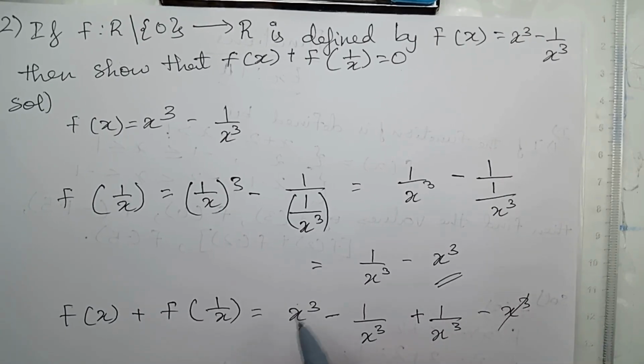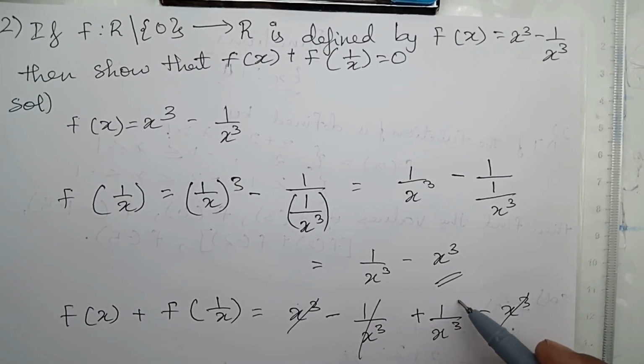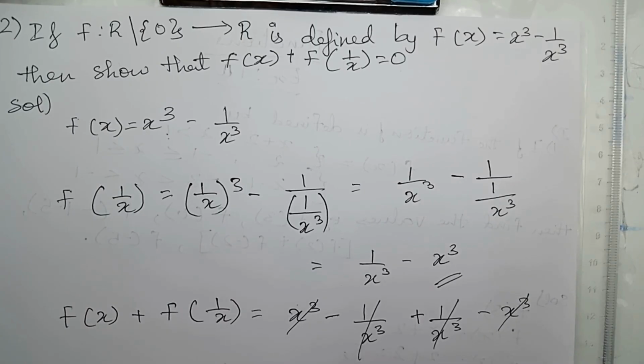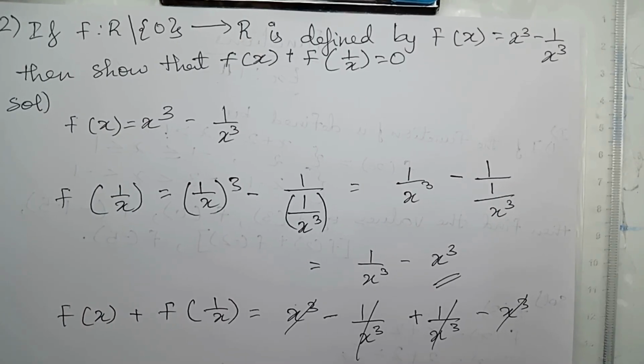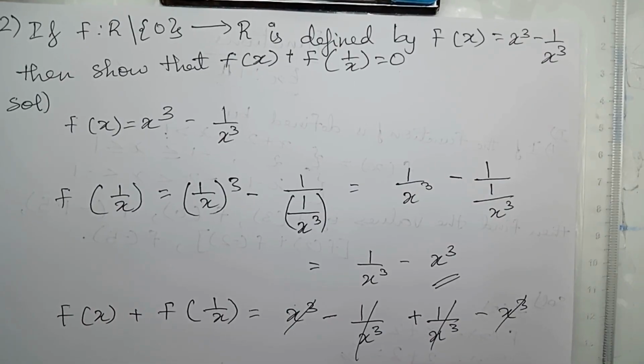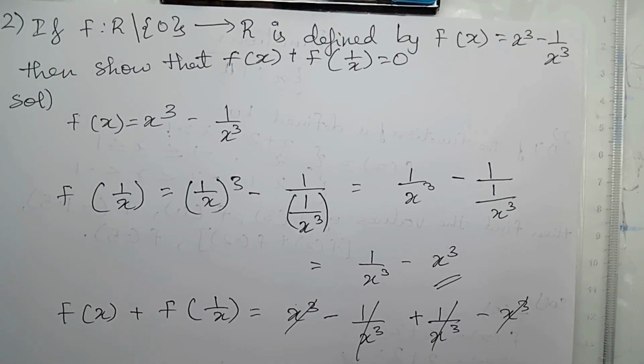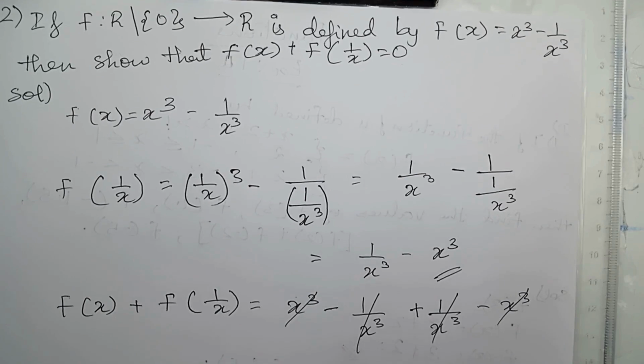Here minus x cube plus x cube cancels, minus 1 by x cube plus 1 by x cube cancels. Now the answer is 0, that is the RHS. So we have finally shown the RHS, that is 0.